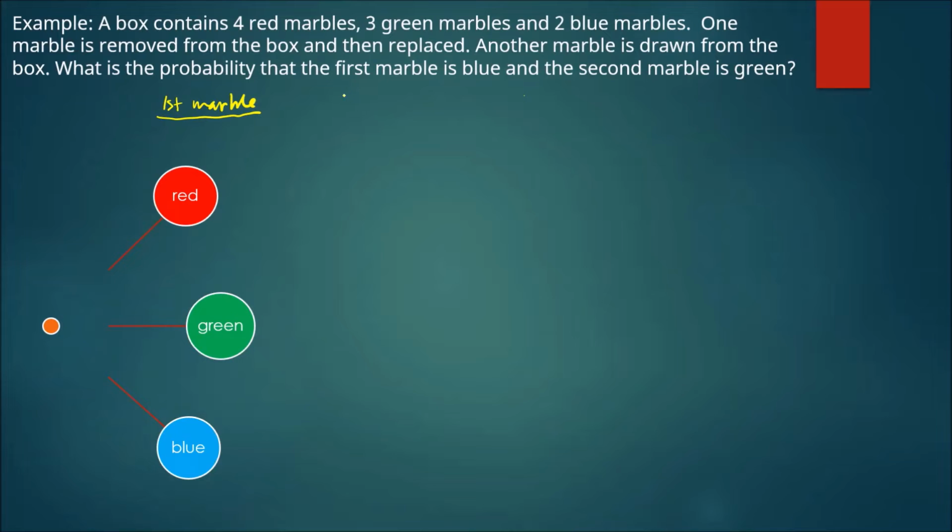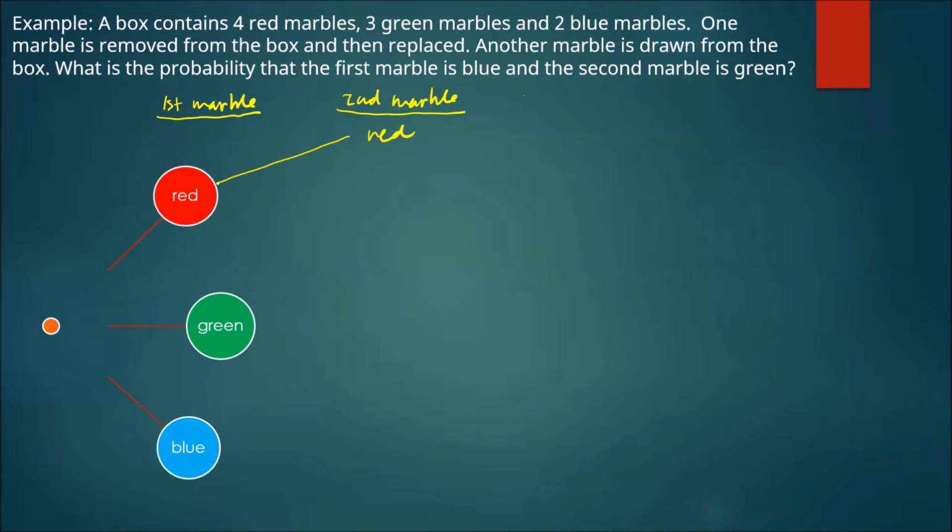Okay. Now, supposing we pick a red marble. Now, for our second marble, what are the different choices or possibilities that we could get? It is possible that we will be able to choose a red marble, because there's still a red marble inside the bag, right?